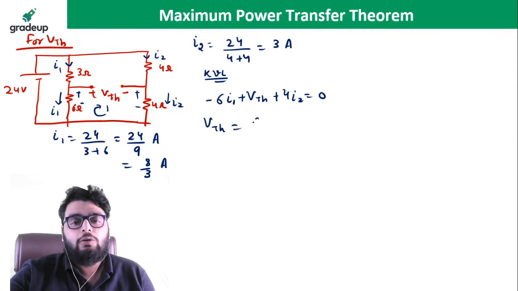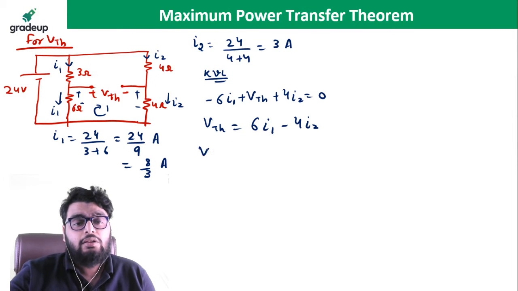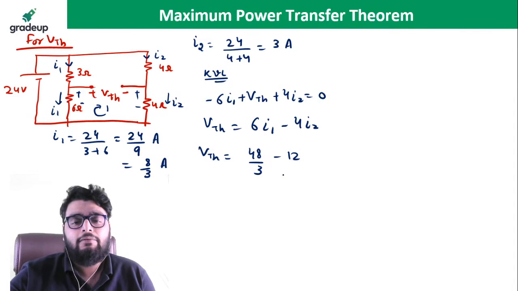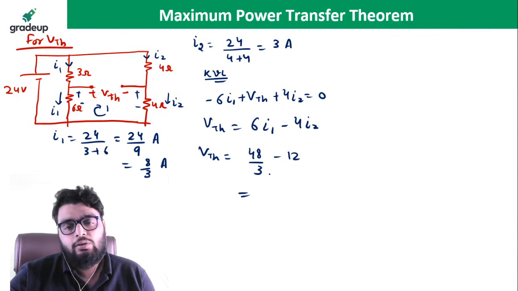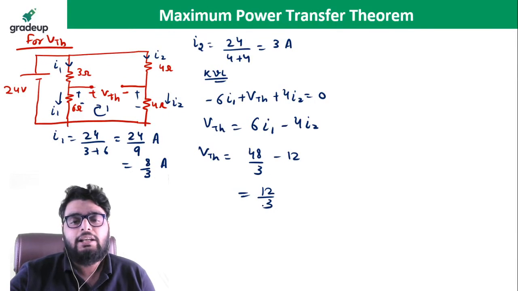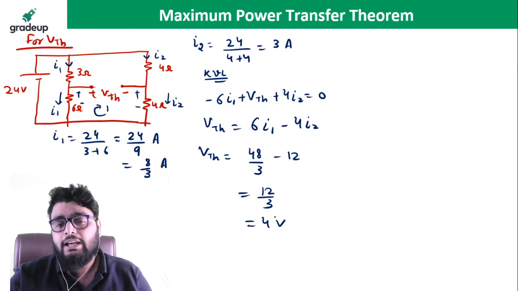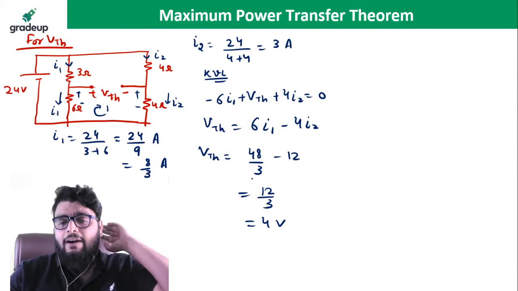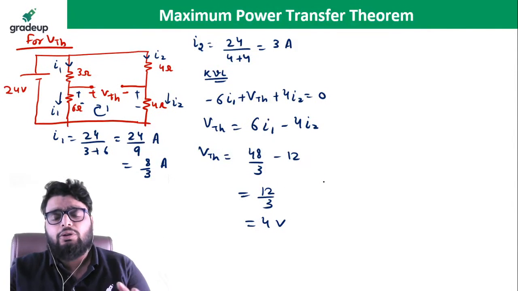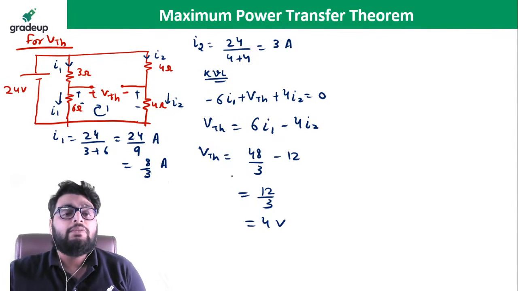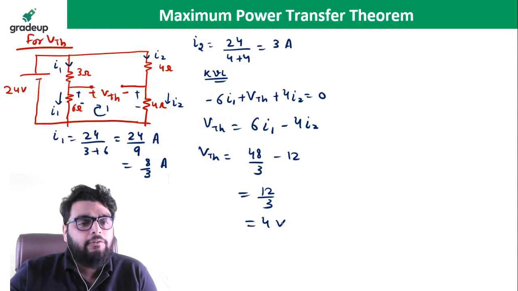So VTH comes out to be 6 times I1 minus 4 times I2. Put the value of I1: 48 by 3 minus 12, 16 minus 12, so VTH comes out to be 4 volt. Okay, everyone, just check the calculation. If you think the calculation is wrong, tell me.